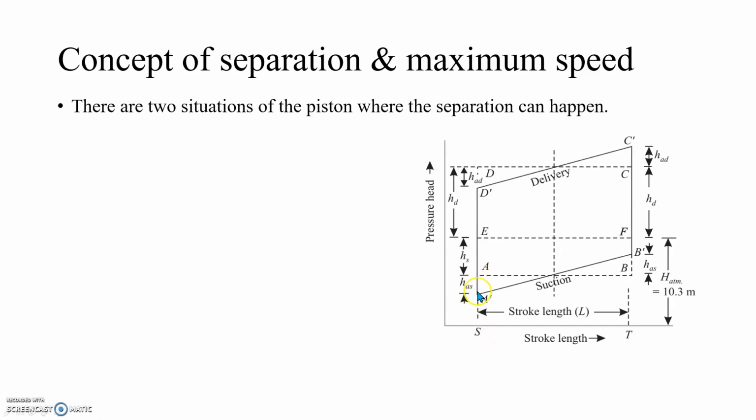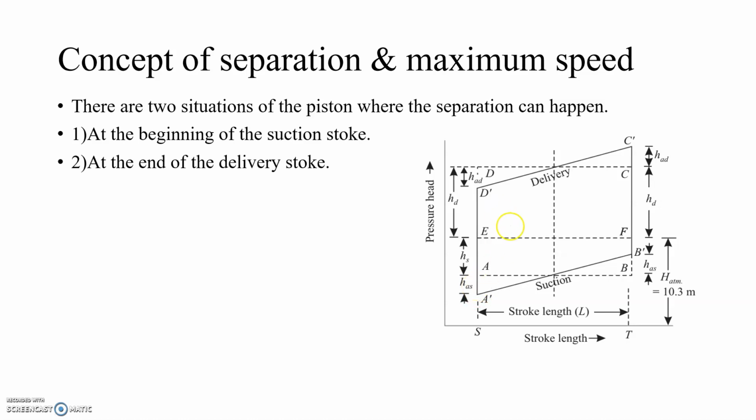From the indicator diagram, it is clear that the low pressure region occurs at the beginning of the suction stroke. At the beginning of suction stroke, we can see here the pressure head is very low. So this is the first situation where separation can happen.